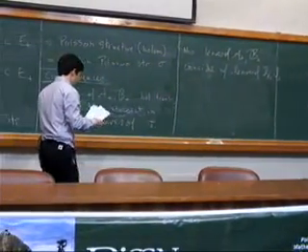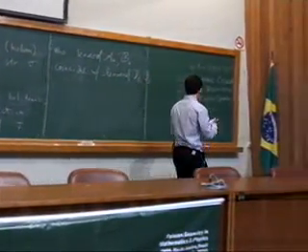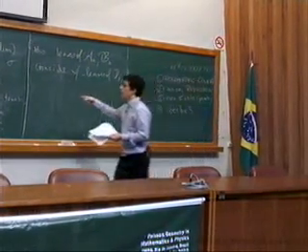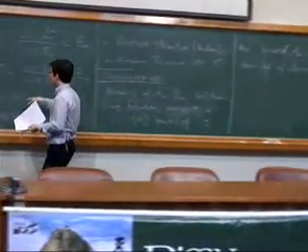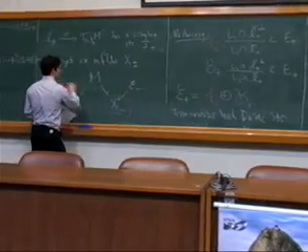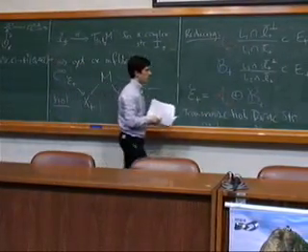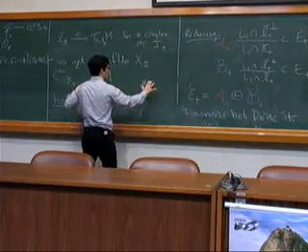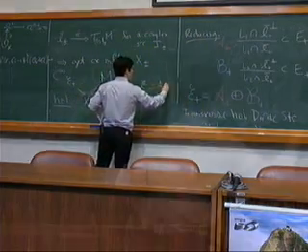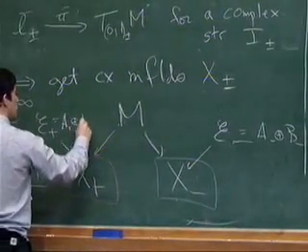Okay, so notice that here I've said everything for E plus. The same thing is true for E minus. So both of these become decomposed into sums of Lie algebroids. This is A minus plus B minus, and this is A plus B plus.